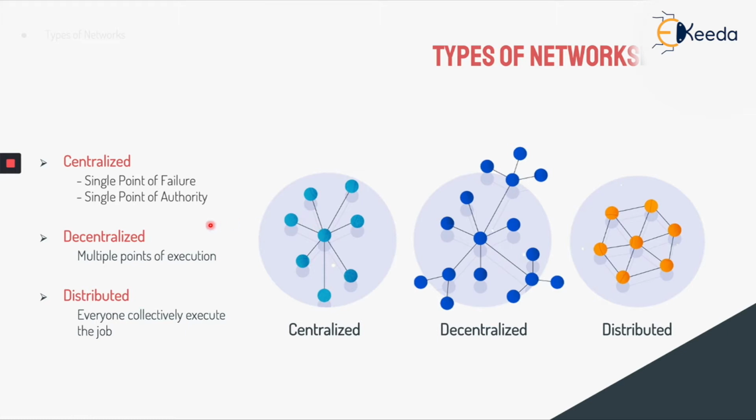Okay, what is the single point of authority then? If you consider any centralized network, they have complete authority over the decisions that are made in the network. Take Facebook for example. The service called Facebook cannot be used by the people in China. They cannot use Google, they cannot use WhatsApp.